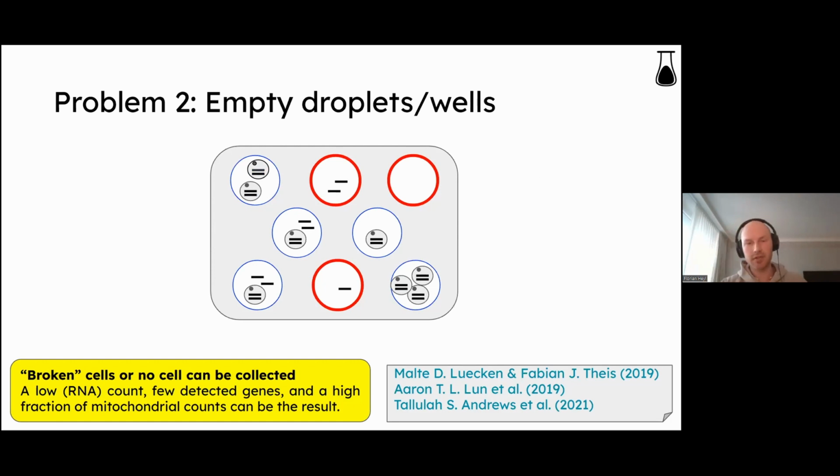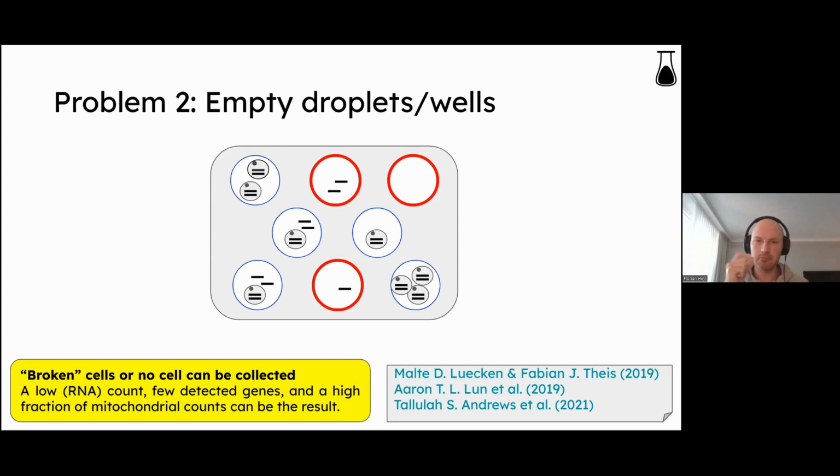This can happen because in your cell mixture, so in your tissue sample, you have also cells which are in the stage of apoptosis, or they have a lot of stress, so they are also degrading, or basically at the end you have in your cell mixture also RNAs floating around, which you then capture with these droplets, and therefore you might sequence reads from cells which are actually not real cells, so they are dead cells or just floating around RNAs, and therefore you have in your data later on genes or transcripts with very low read counts, which you might want to filter out.